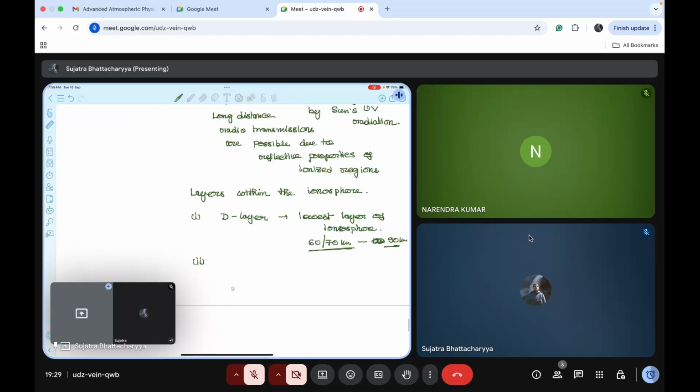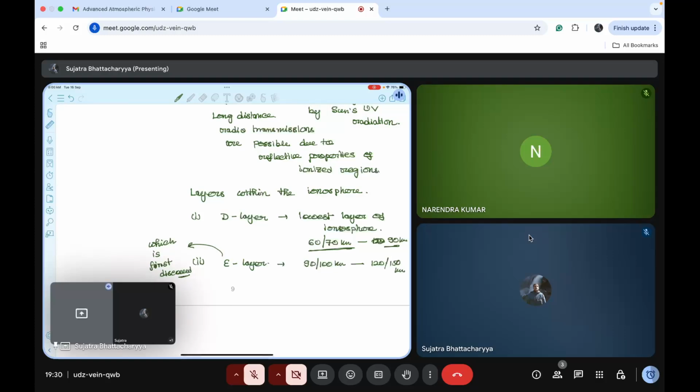Second is the E layer. This is the layer which was first discovered. E layer is after the D layer, from 90 or 100 kilometers to about 120 or 150 kilometers.